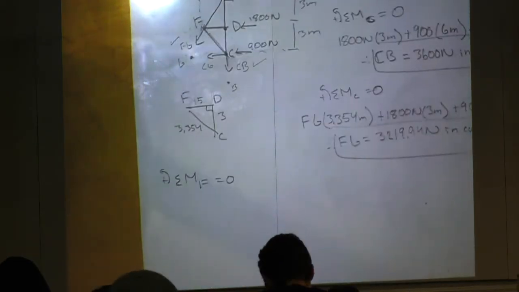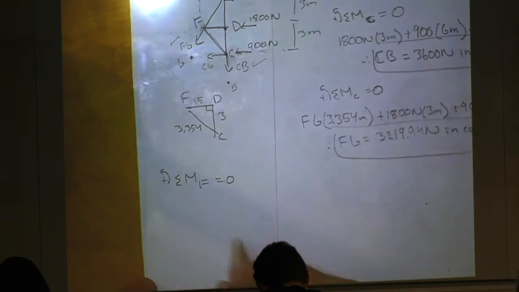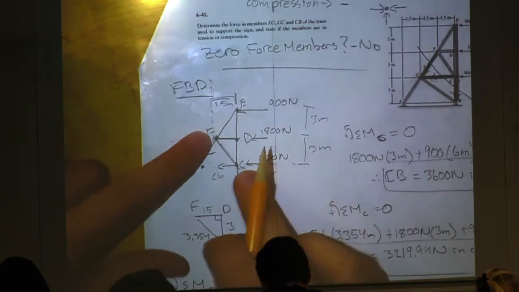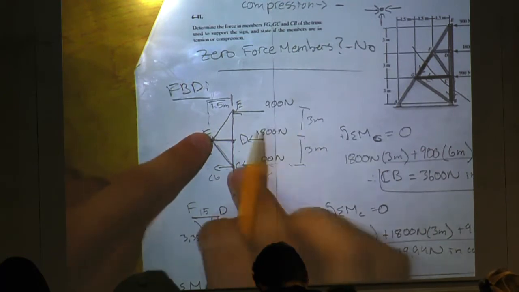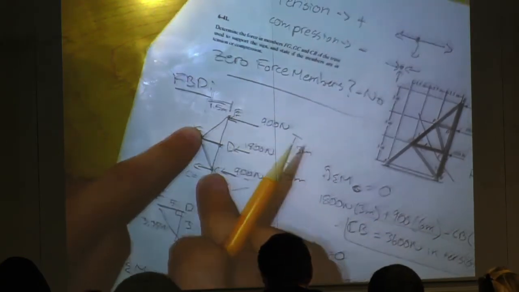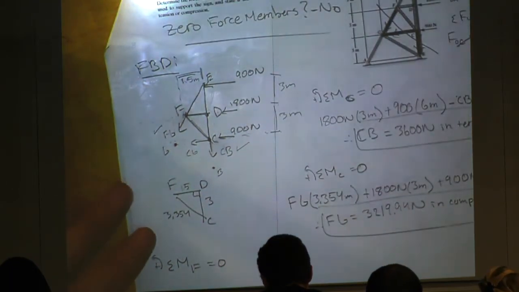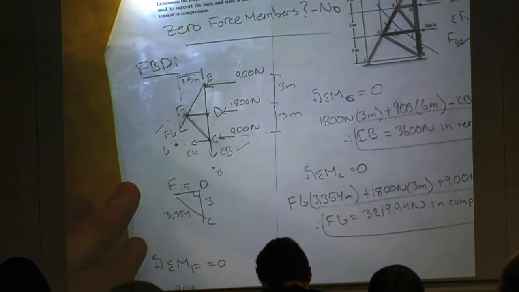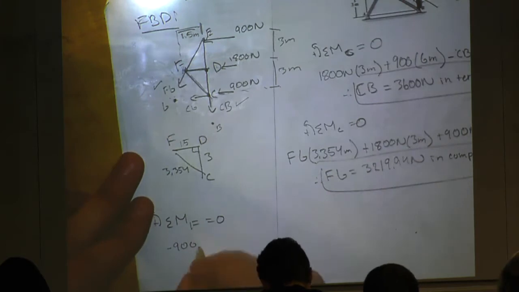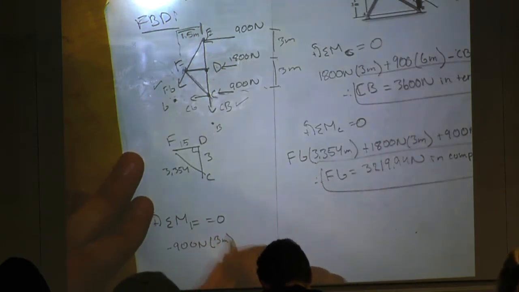So it is equal to 0. And so, negative 900 times meters.